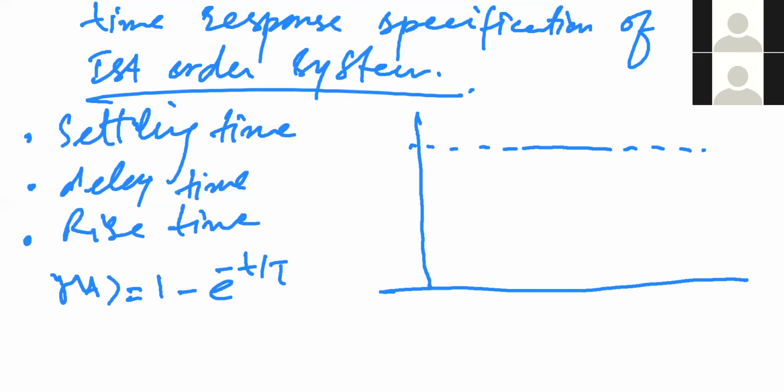Let me also draw the function. So we have t, and then we have y of t, and 1 is the final value, or the steady state value.